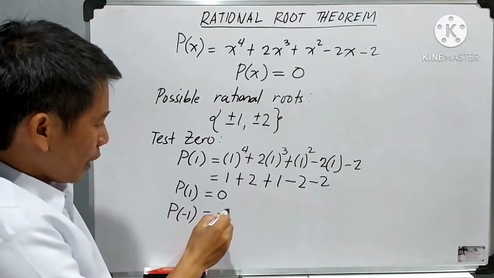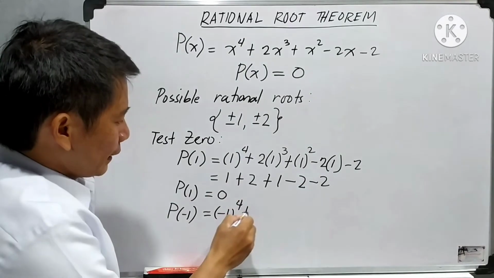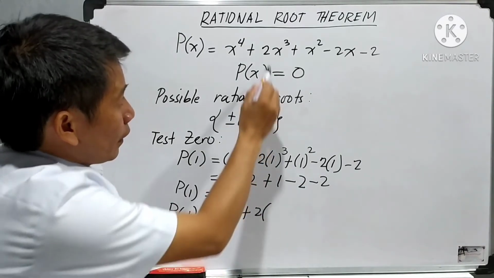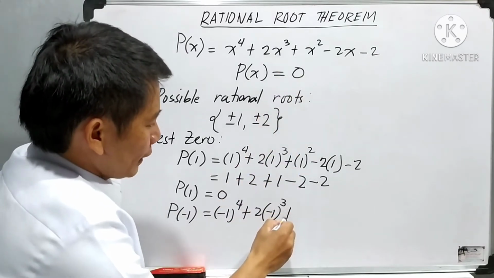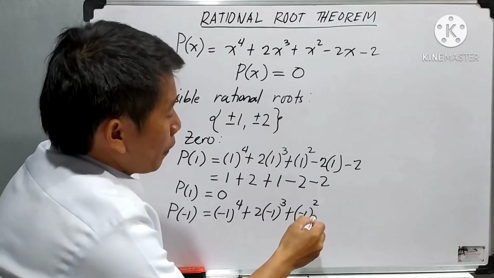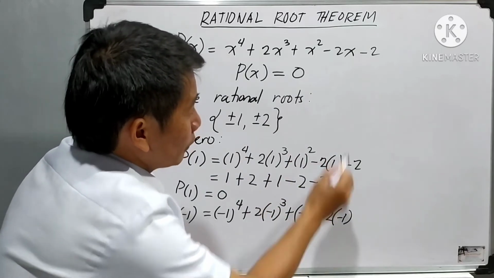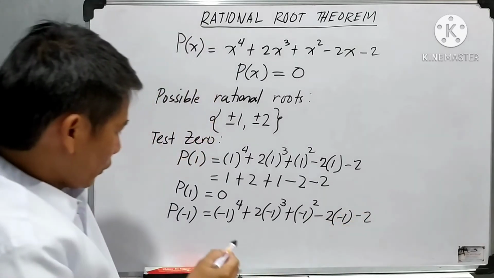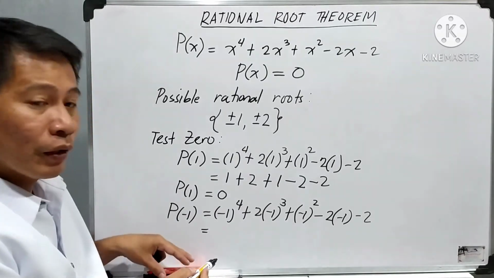So we have negative 1 raised to 4 plus 2 times negative 1 cubed plus negative 1 squared minus 2 times negative 1 minus 2. Okay, let's continue. So what is negative 1 raised to 4?